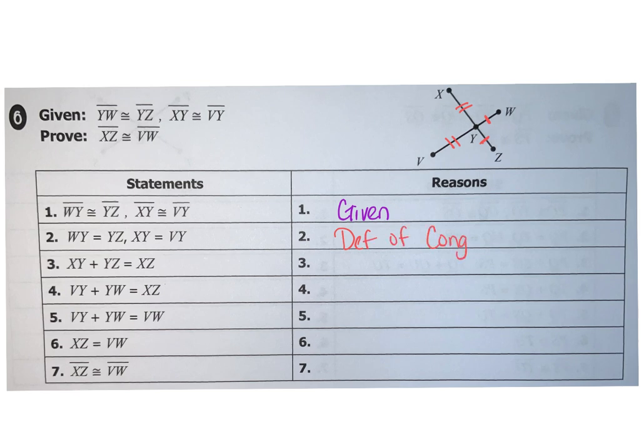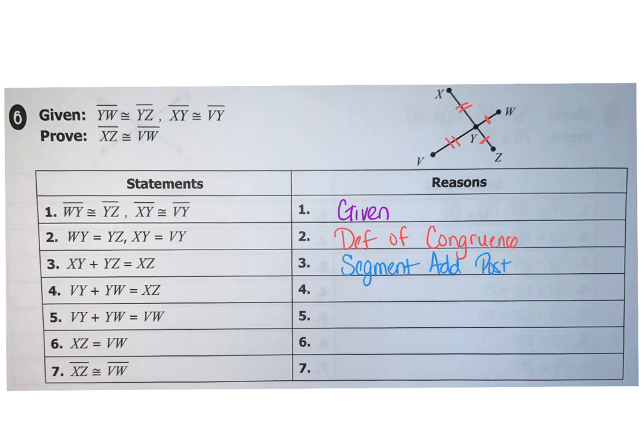Now they have told us that XY plus YZ equals XZ. What tells me I can add two pieces of a segment to the whole segment? Segment addition postulate. Now they have VY plus YW equals XZ.